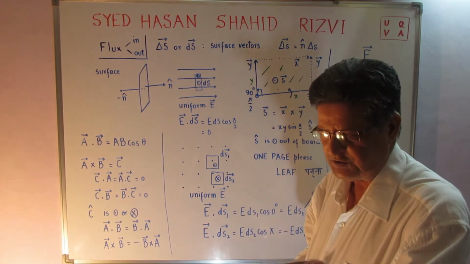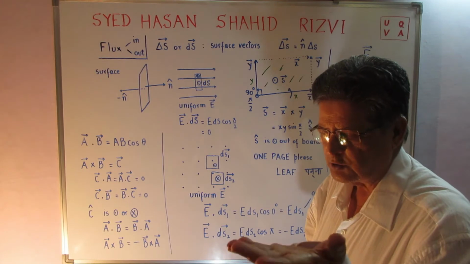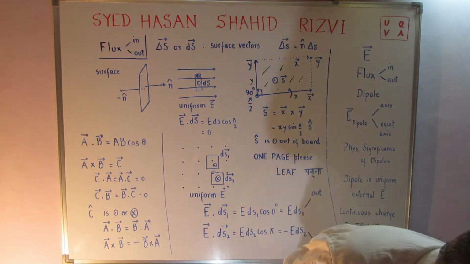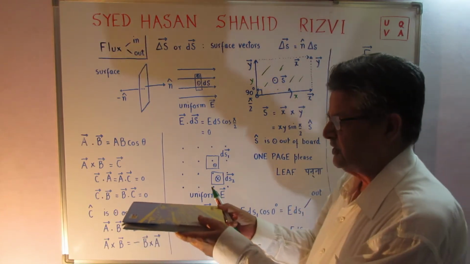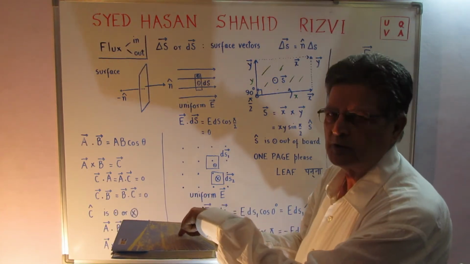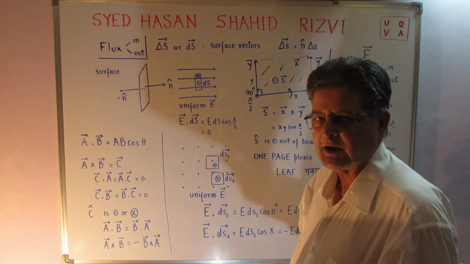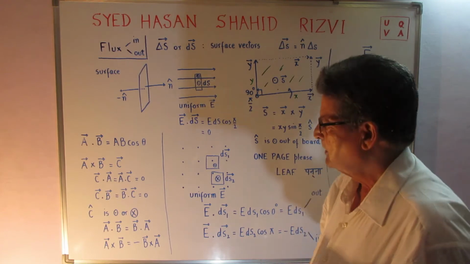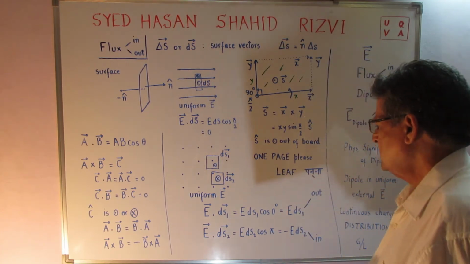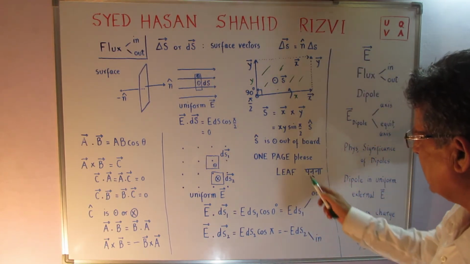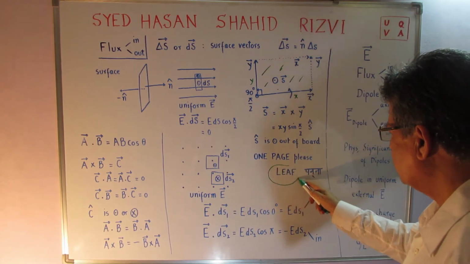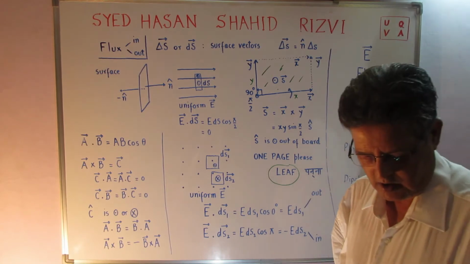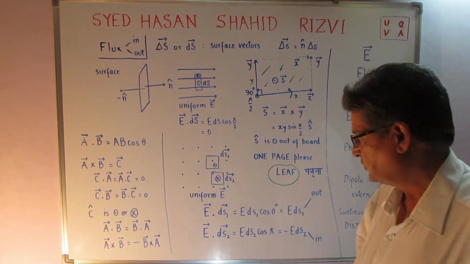You'll find that you can never give me one page, because if you give me a page, there are two sides of the page, and therefore you can never give me a page, like you can never give me a monopole of a magnet, etc. What you can give me is a leaf of paper, which is called panna in Urdu or Hindi, Hindustani.